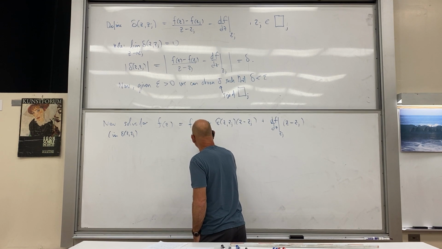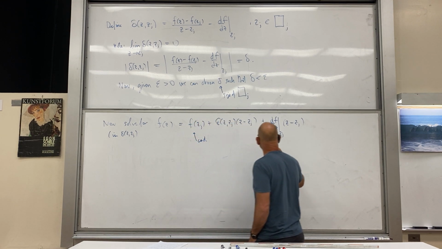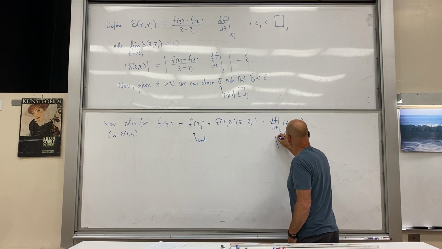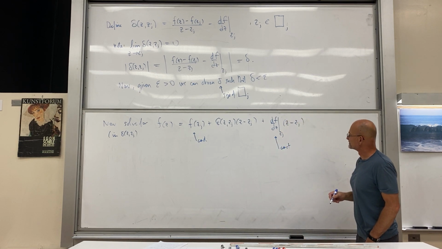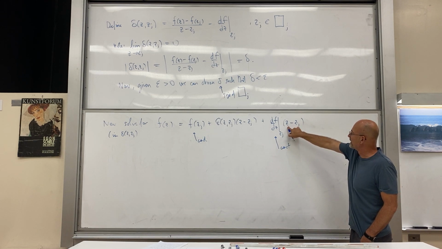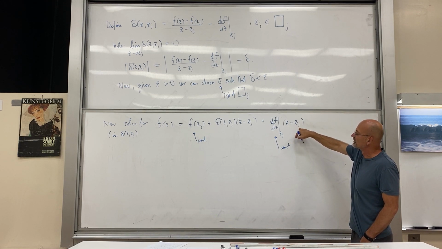This is a constant. This derivative is a constant as well. And this is just the first power. z sub j is also a constant.